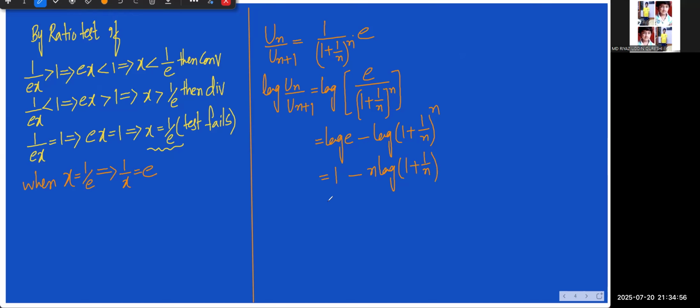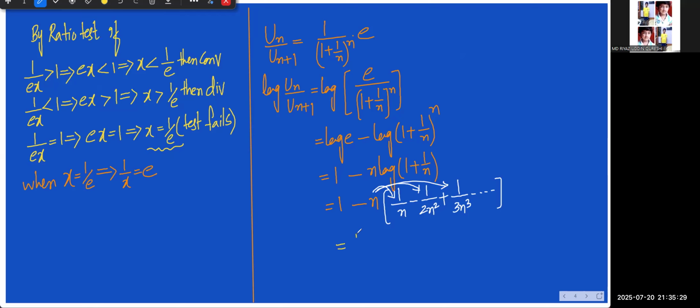So this is 1 minus n into, I am writing the expansion of this. The expansion of this is 1 by n minus 1 by 2n square, okay, plus 1 by 3n to the power of 3 minus and so on, bracket close. Multiply with these two, this one with this one with this. What happened?